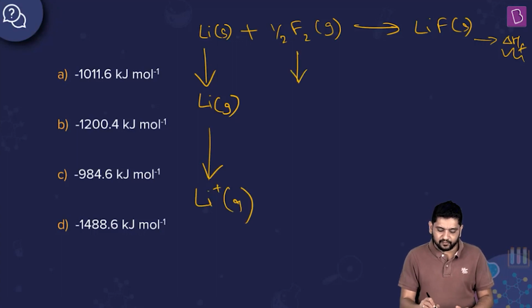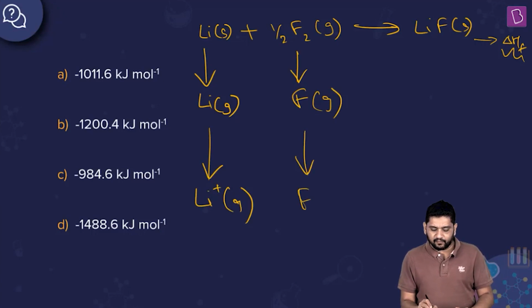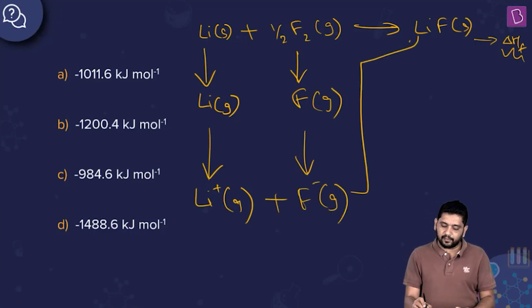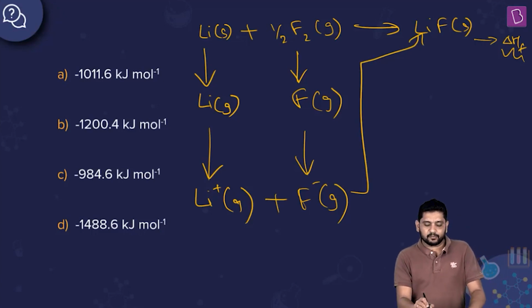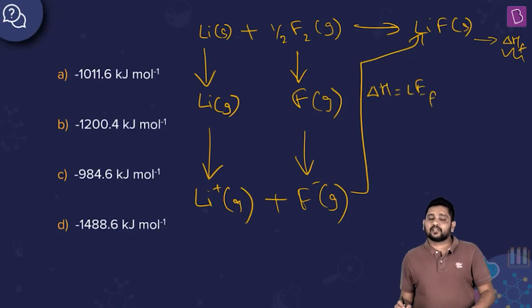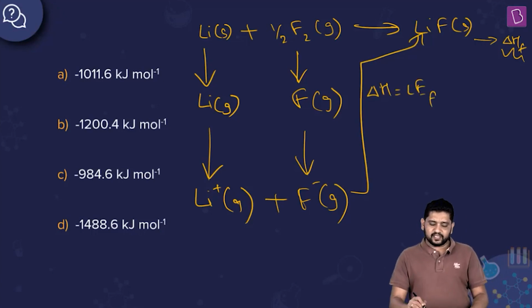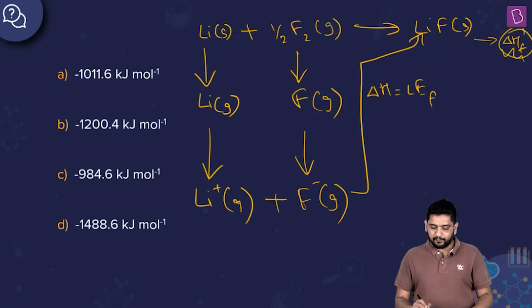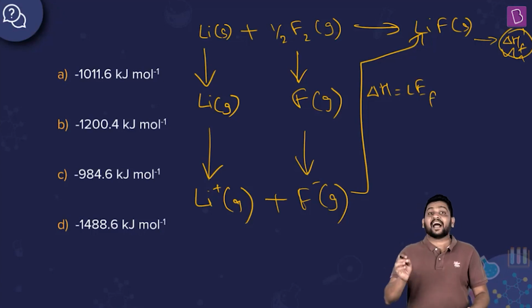Then by dissociation I convert F2 into F gas, then into F minus gas by adding an electron, and then these two combine to give LiF. The enthalpy change in this last step is what we call the lattice formation enthalpy. The sum of all of these should equal the net enthalpy of formation that is given. That is our idea.